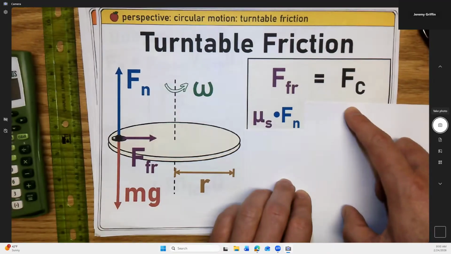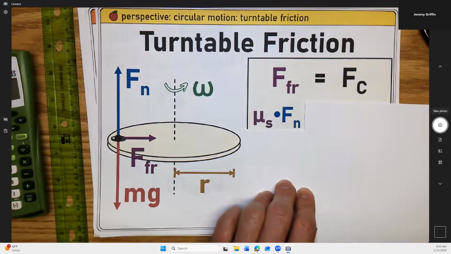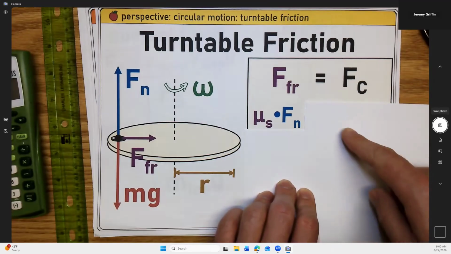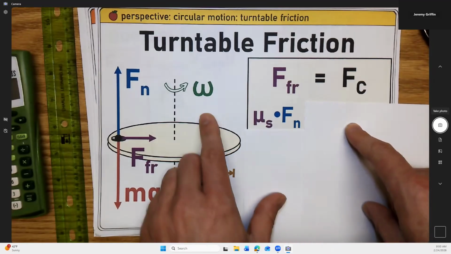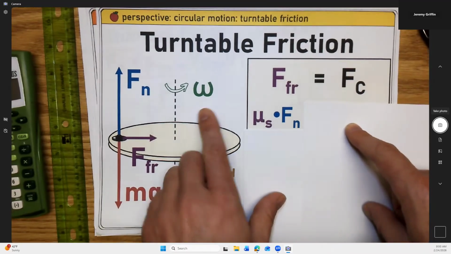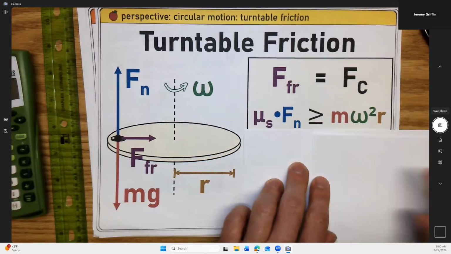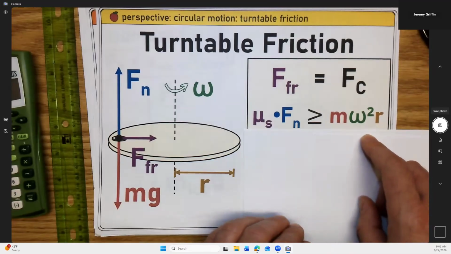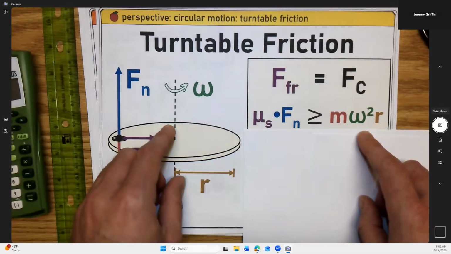What's centripetal force in terms of angular velocity? I remember for linear velocity it's m v squared divided by r, but that's not what I want here. It's m omega squared times r. So m v squared over r or m omega squared r.